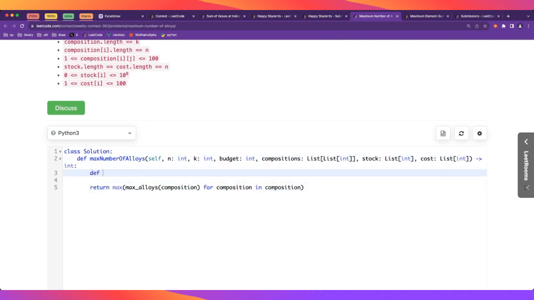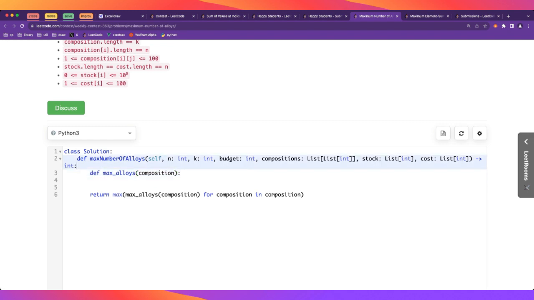Okay, so now we have one specific composition and we want to maximize. So how do we do this?